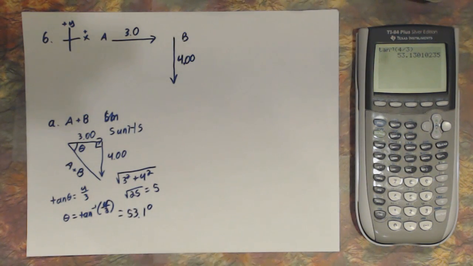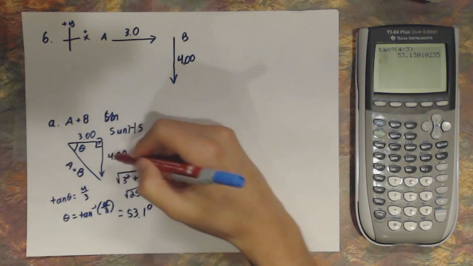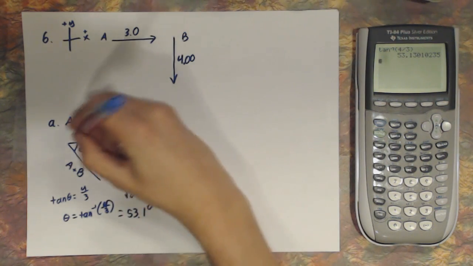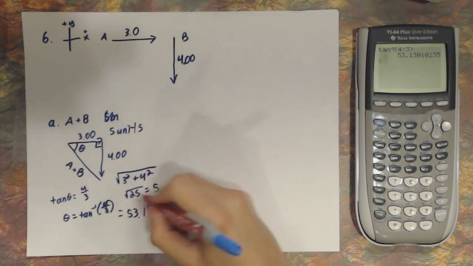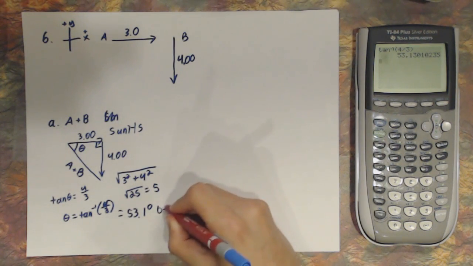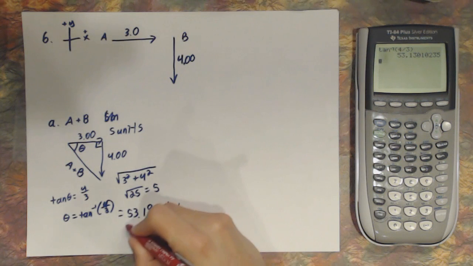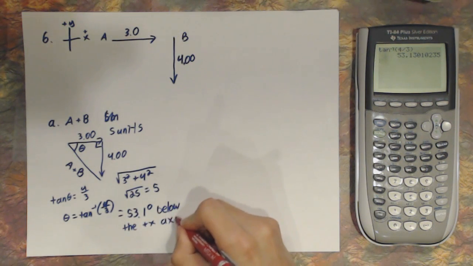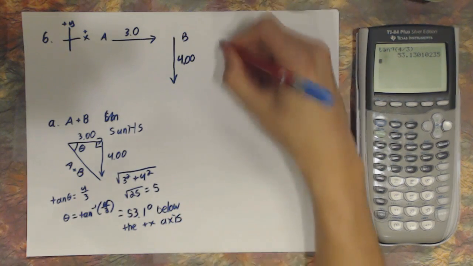So vector A plus B is 5 units, and it is 53.1 degrees below the x-axis. So this is our positive x-axis, so it's 53.1 degrees below the positive x-axis.